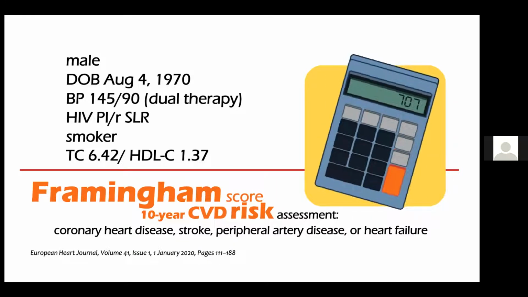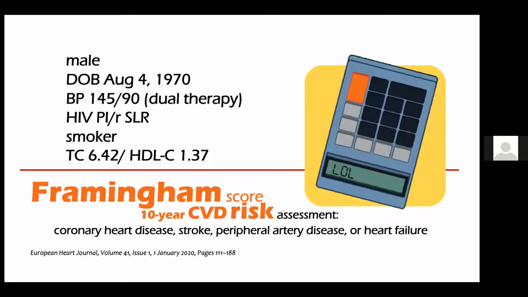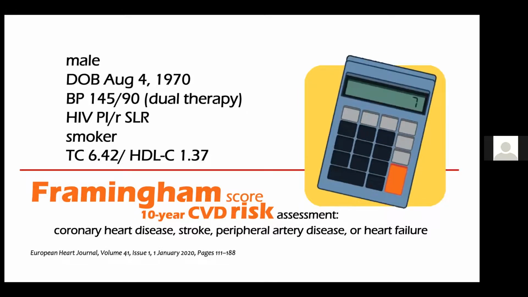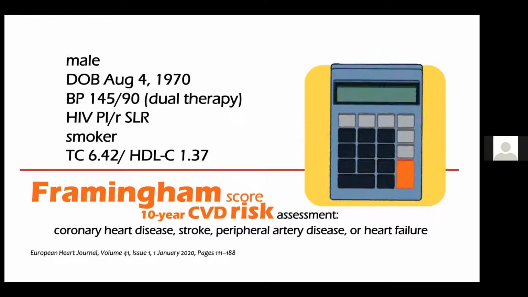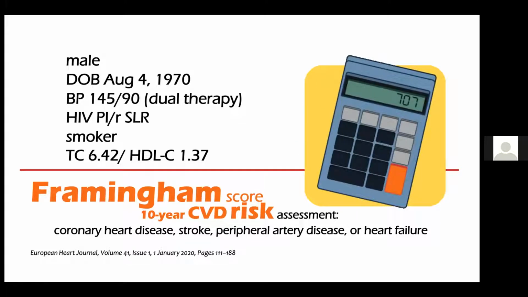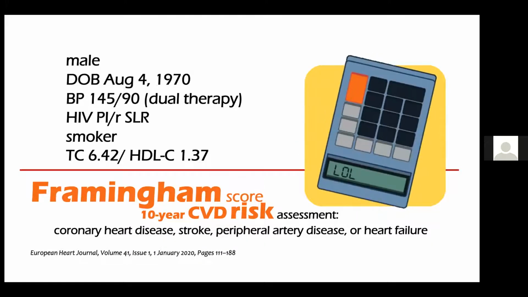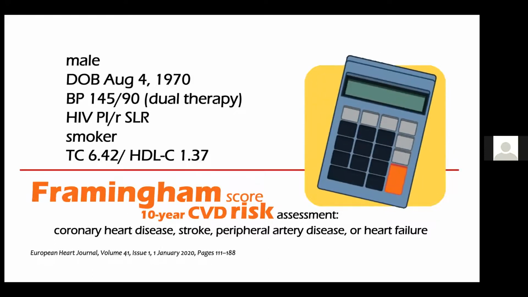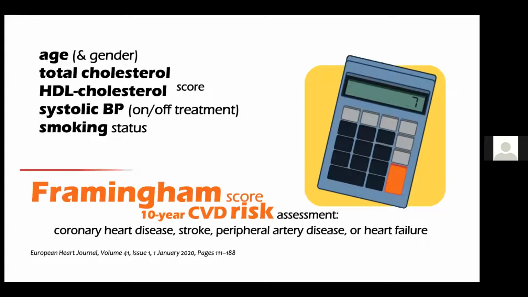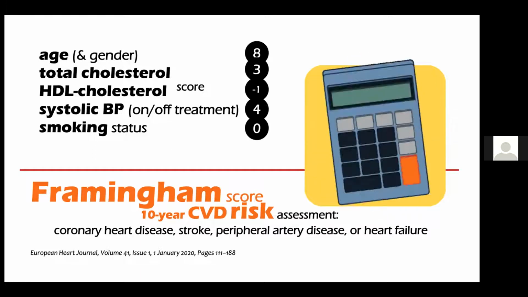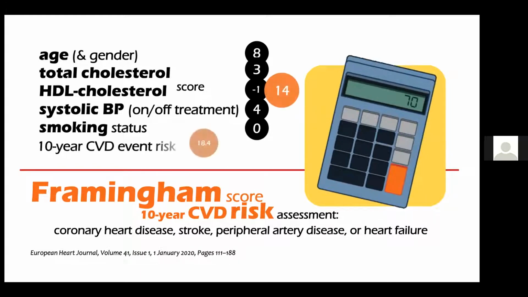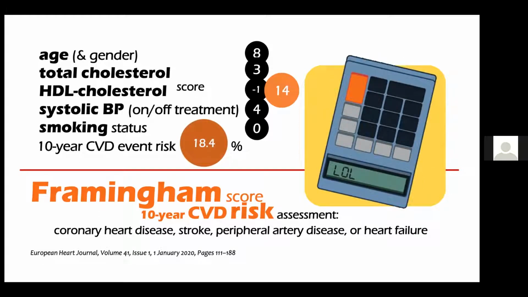He is a smoker, and his total cholesterol is 6.42, and HDL is 1.37. So all that we need is remembering those things. No, it was not a smoker, it is a non-smoker.